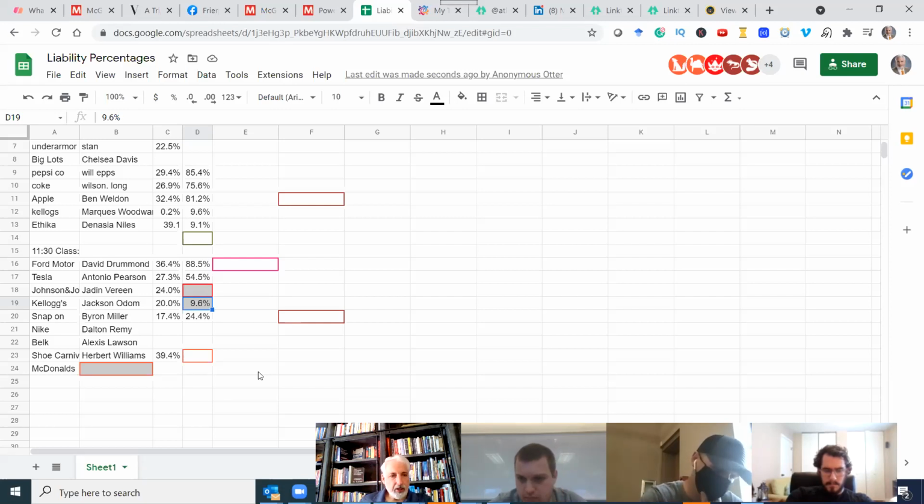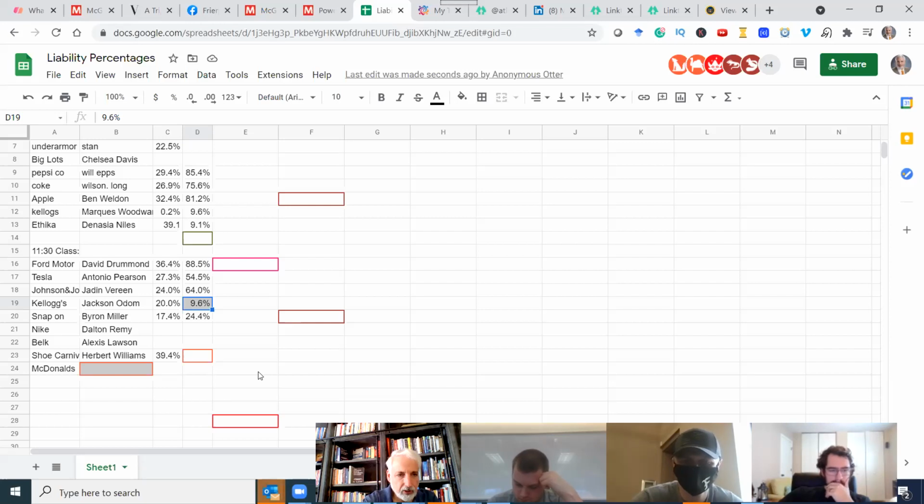So if we're looking at percentages, Tesla has a lot of investment, a lot of equity. Ford Motor has a lot less equity as a percentage of total assets. So please go ahead and double check Kellogg's total liabilities.